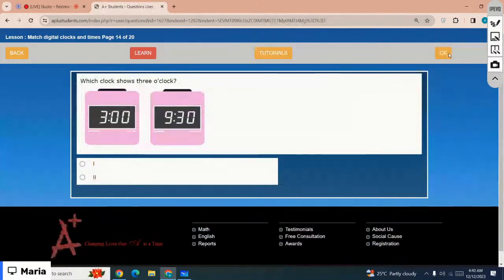Which clock shows 3 o'clock? Option 1 or option 2? The correct option is 3. Option 1 is the correct option, right?